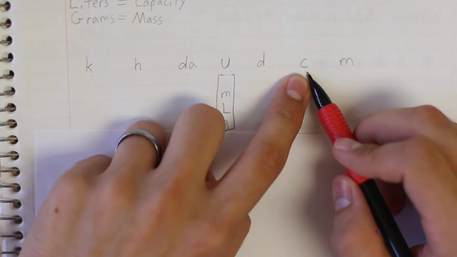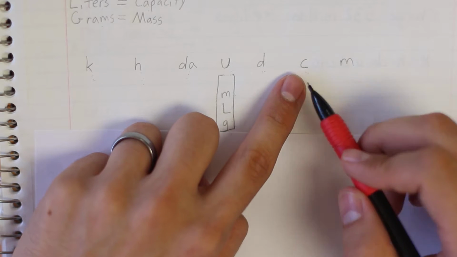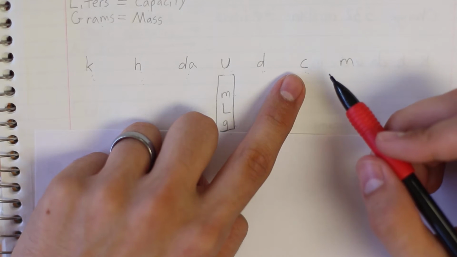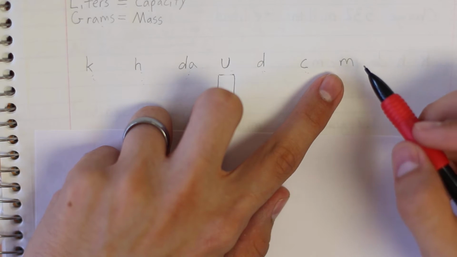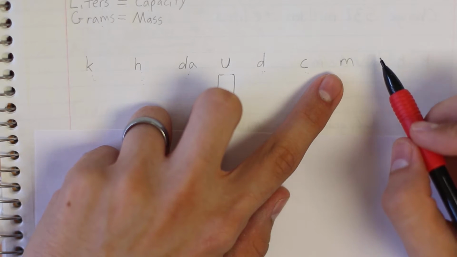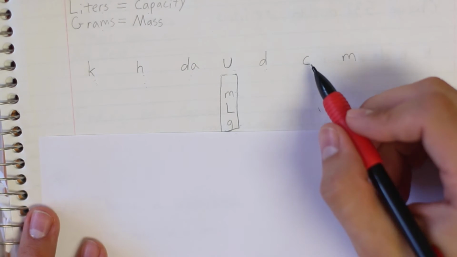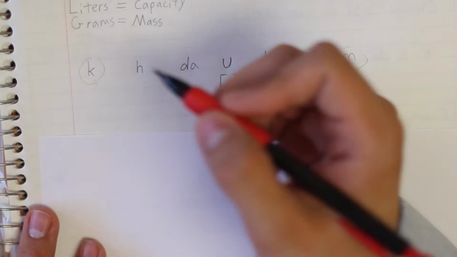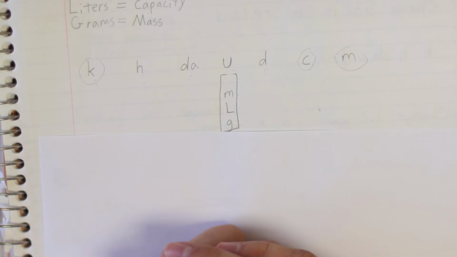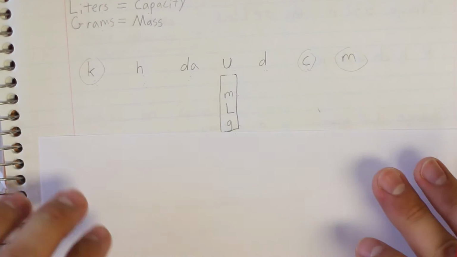And then you have centi, which, if you were talking about meters, you would say centimeters. And then milli, or if we were talking about meters, we would say millimeters. Okay? Now I will say that centi, milli, and kilo, those ones are used quite often, depending on if you're talking about meters, liters, or grams, but we'll look at that more later.